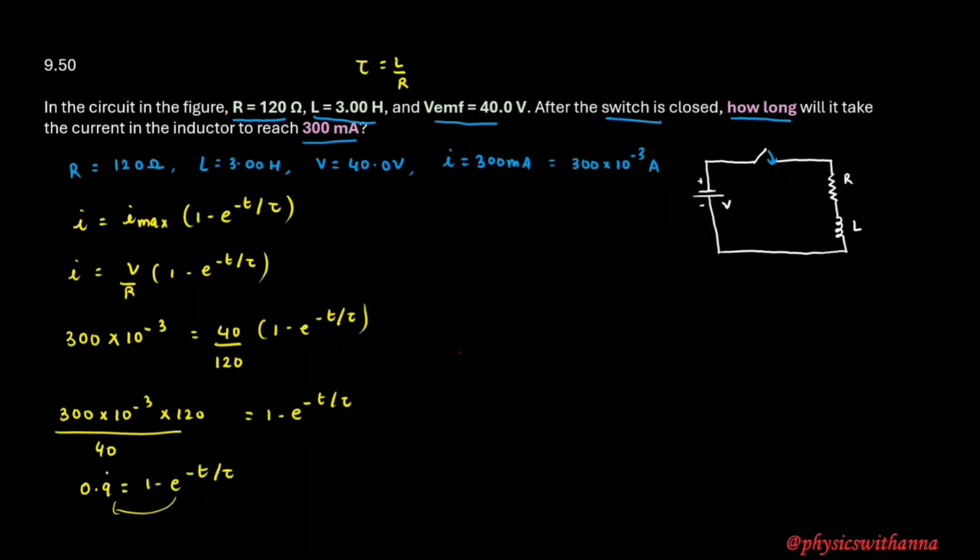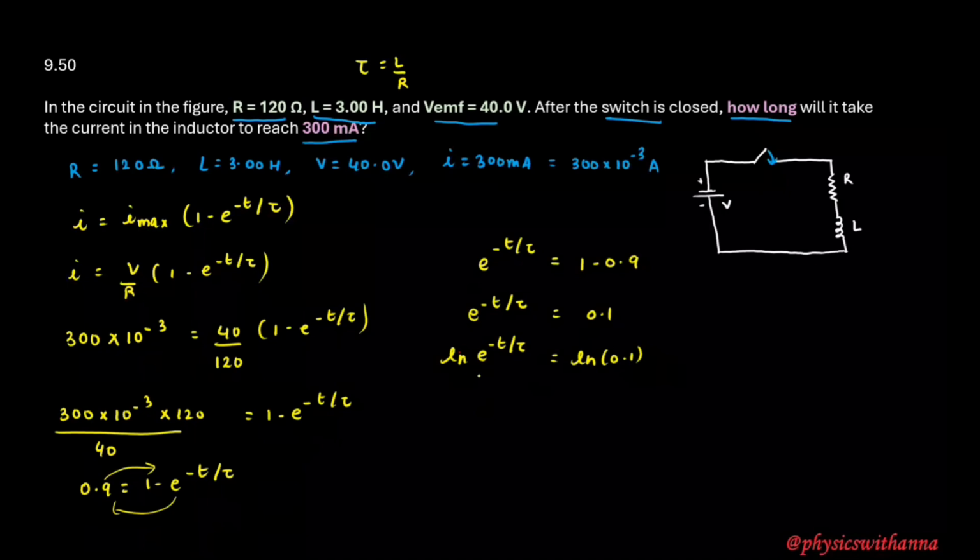Let's move this to the other side and bring 0.9 here. So you get e to the power negative t by tau equals 1 minus 0.9, or e to the power negative t by tau equals 0.1. Take natural log on both sides. ln e to the power negative t by tau equals ln 0.1.